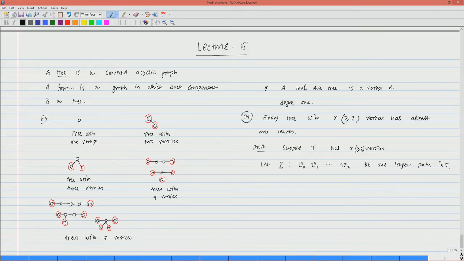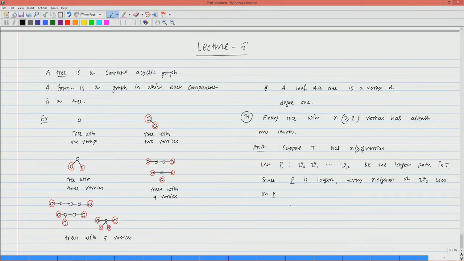Now, since P is longest, every neighbor of say V naught lies on P. Why this is true?